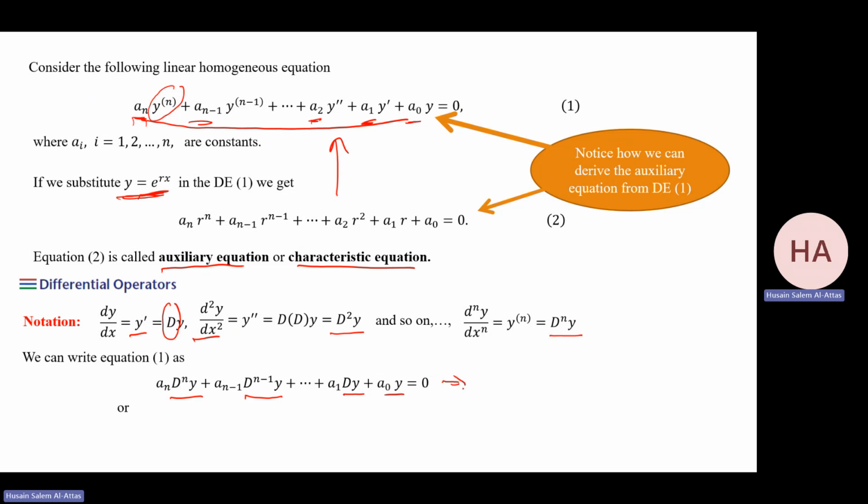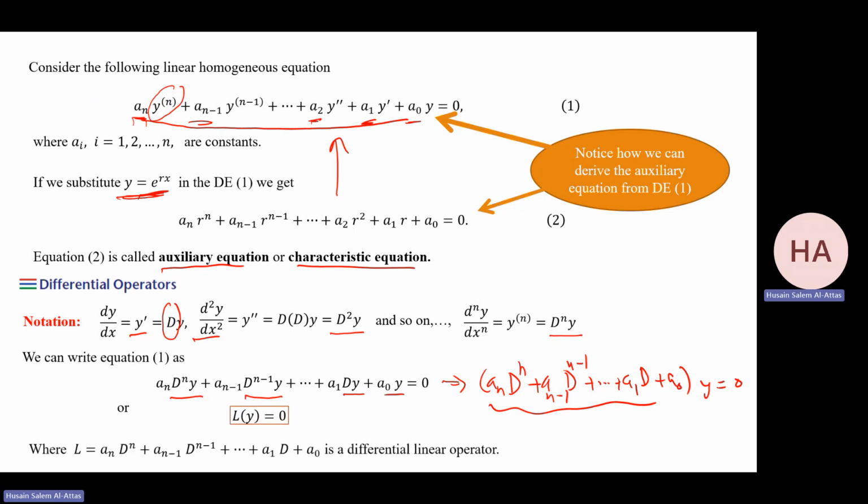So I have this as what? a_n D^n plus a_(n-1) D^(n-1) plus ... plus a1 D plus a0. I operate all of this on y. That will be 0. That's another way to write the differential equation. It's just a different way to write the differential equation. So I have L of y equal 0, where this is my L.